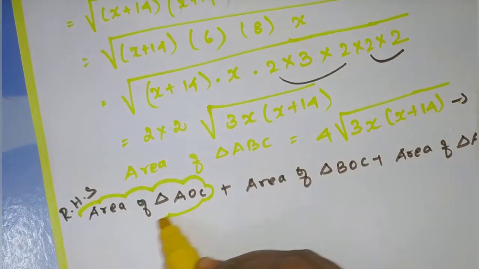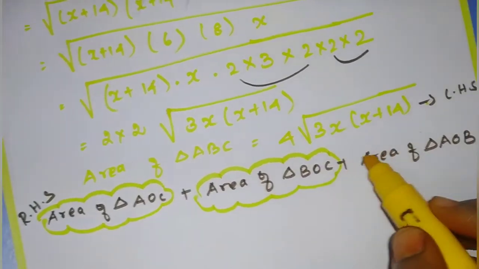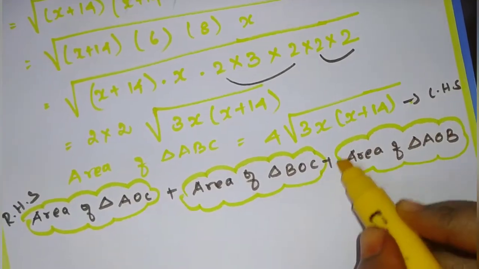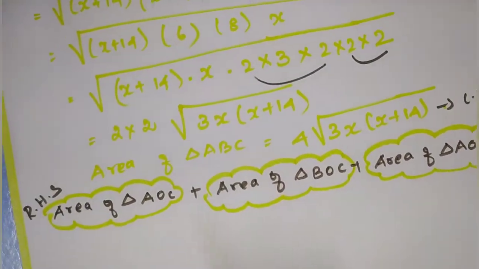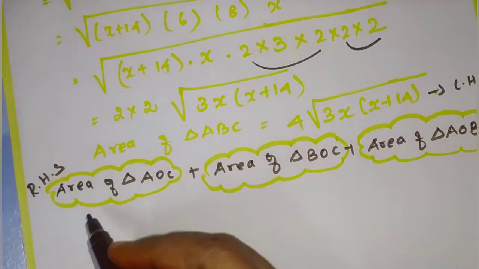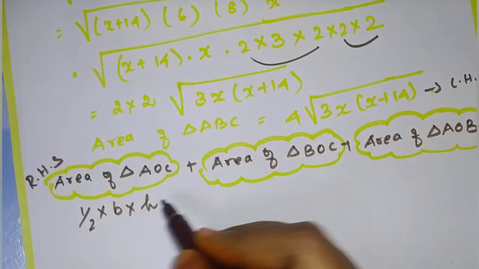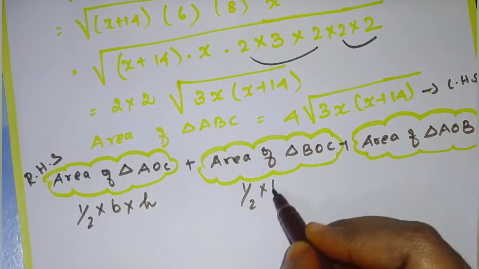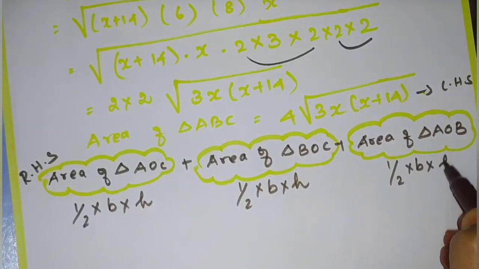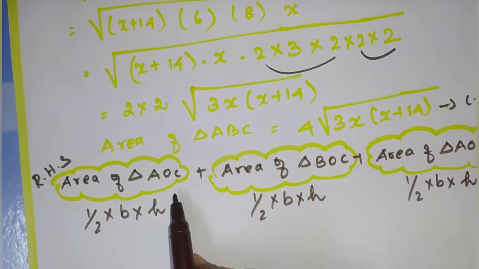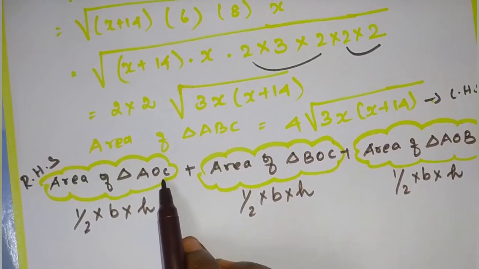So first one, second and third. So area of a triangle formula is what, Kana? Half into base into height. Clear? For this triangle, which one is a base and which one is a height?